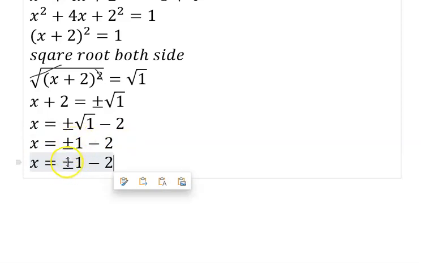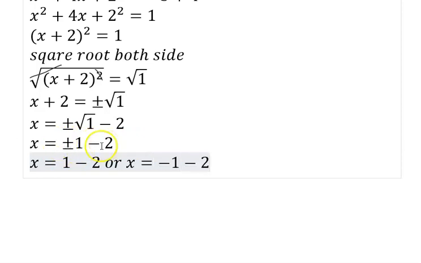Let's say 1 plus 1 minus 2, or x will be what? Because we are taking this one after the other. We have taken this plus now because it's plus or minus. Plus 1 minus 2. Let's take the minus underneath now. Minus 1 minus 2. Awesome.